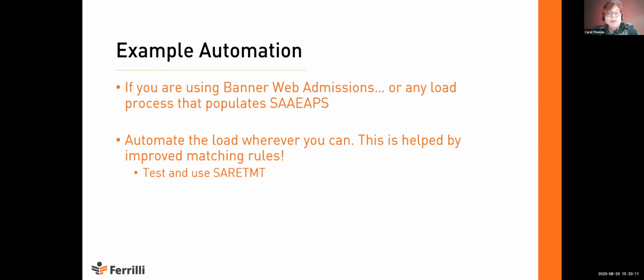But in the meantime, anything that loads into the SAAEAPS, and that is the Banner web admissions application, along with a lot of external load processes, drive the data to these tables into this form, is a good example of an automation that you might not be using right now.